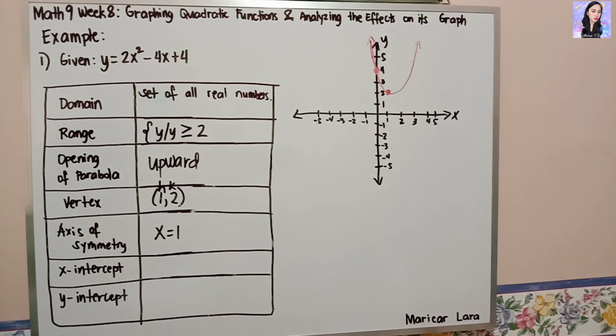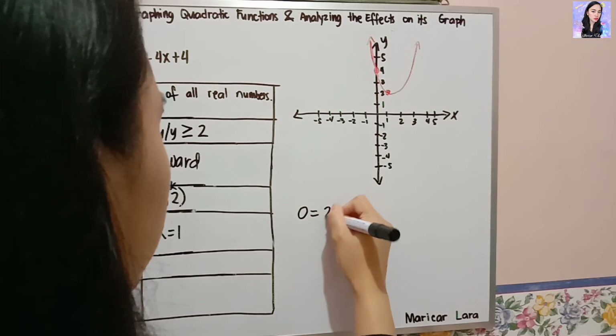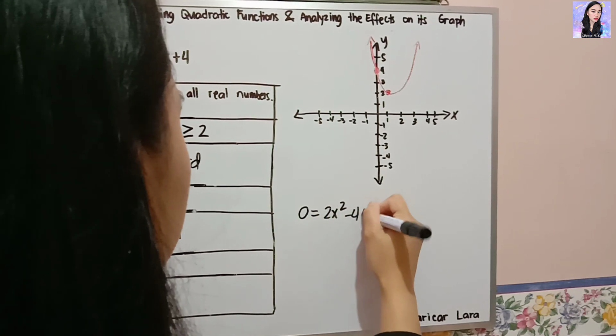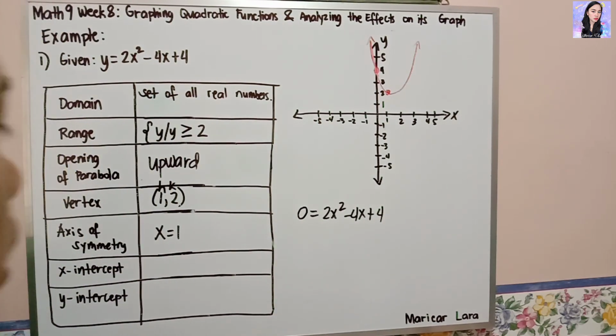And then, x-intercept. So, isosolve lang natin, papalitan natin yung y ng 0. So, hindi natin siya masosolve.